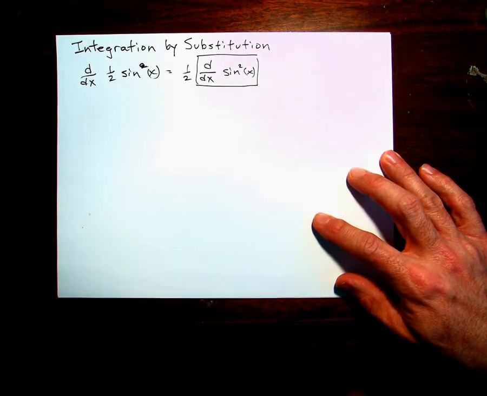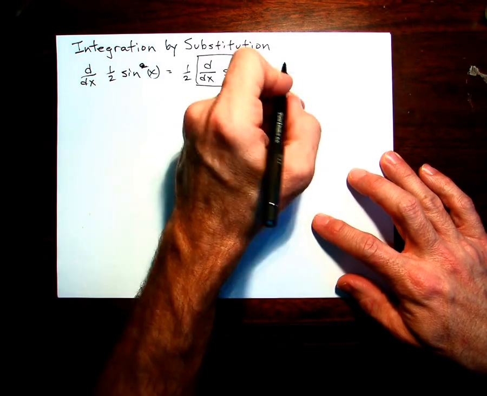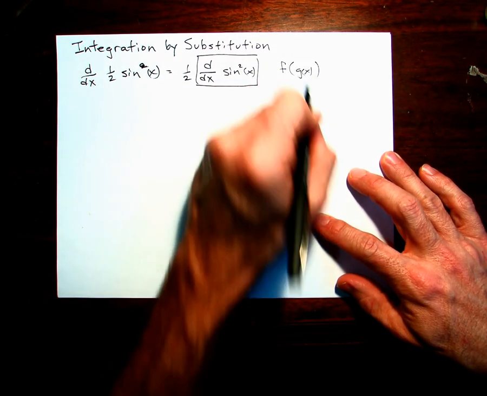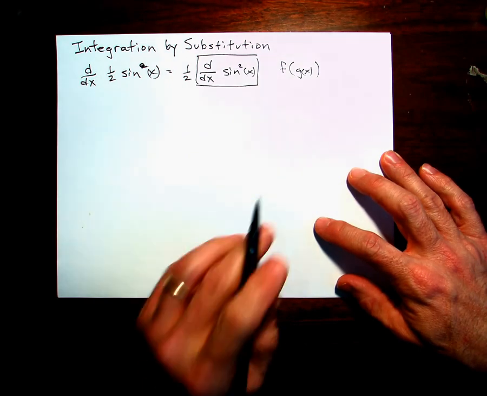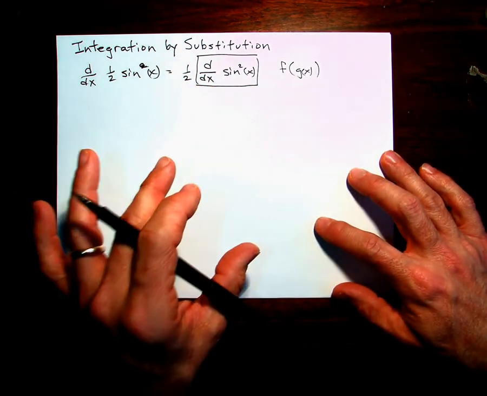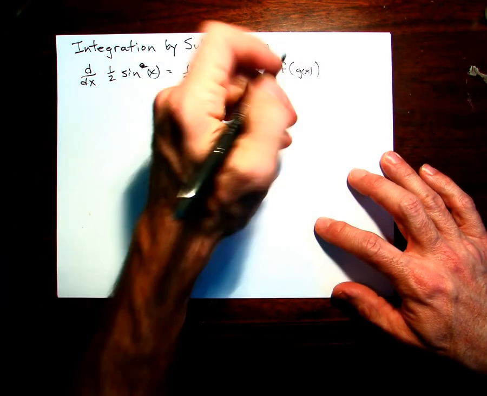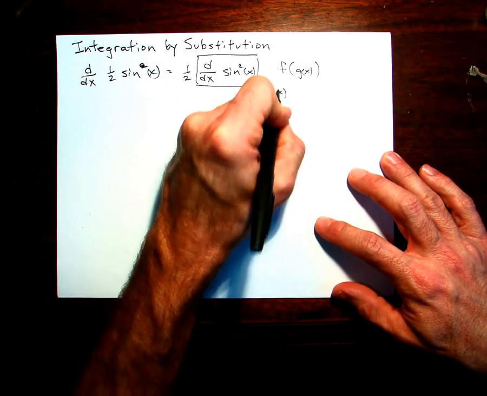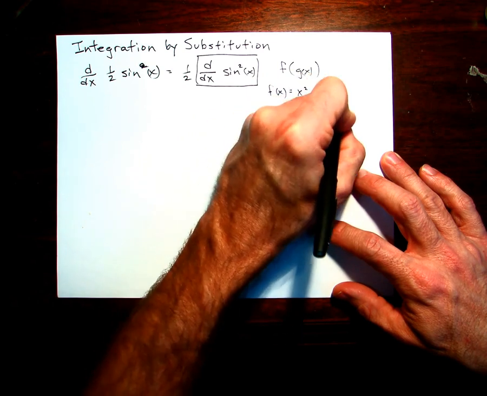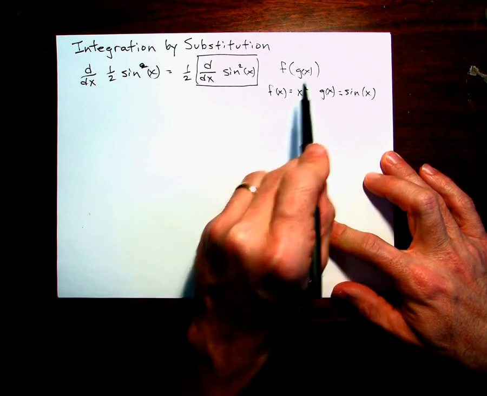Now, this is the composition of two functions, f of g of x, if we put one function into another. So what two functions is this the composition of? Well, the whole thing is being squared, and what's being squared is sine x. So the outside function is x squared, and the inside function is sine of x, so that when you put this in for x, we get sine squared.